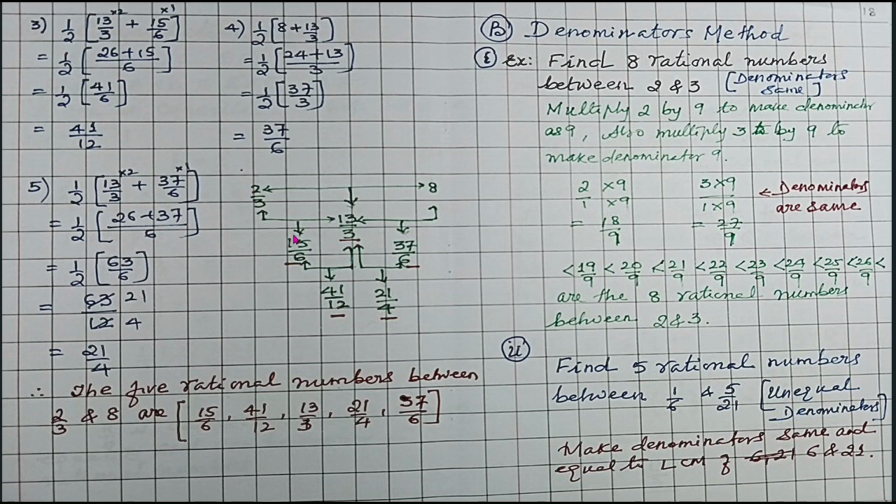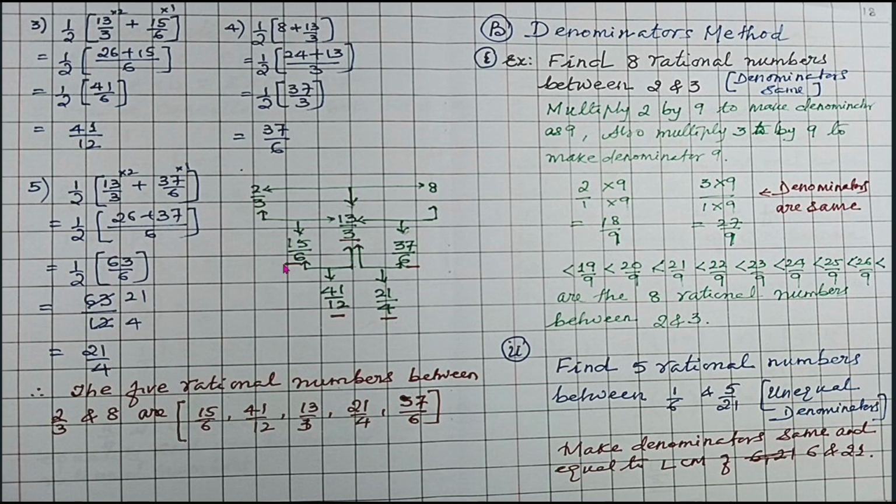So we have 1, 2 and 3 rational numbers between 2 by 3 and 8, but we want 5. So let us now take 8 and 13 by 3. 8 and 13 by 3 divided by 2, we get 37 by 6. Take 37 by 6 and 13 by 3, add them and divide by 2, we get 21 by 4.